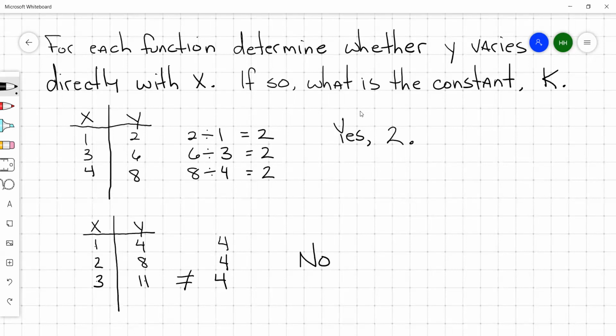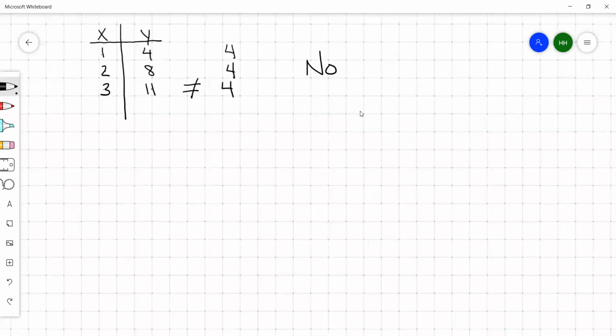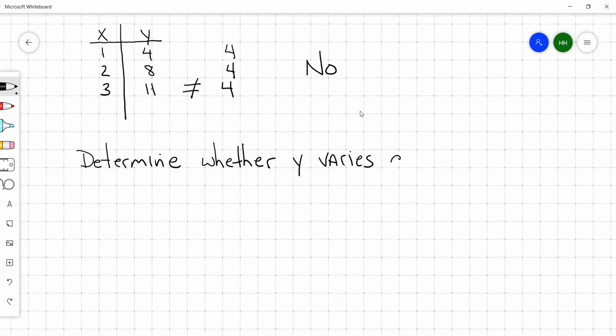The second part, your directions are going to be to determine whether y varies directly with x. If so, find the constant. Same directions.